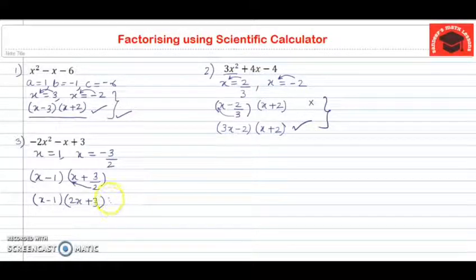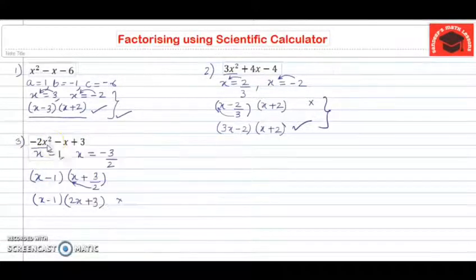But still our factorization is not correct. Why is it not correct? Because if I multiply this x with this 2x, I will get 2x squared, but I need -2x squared, isn't it? So why I was saying that we should be extra careful is because of this.